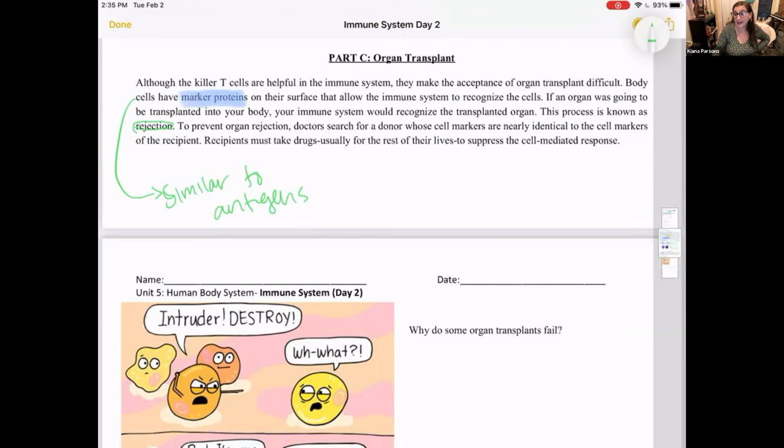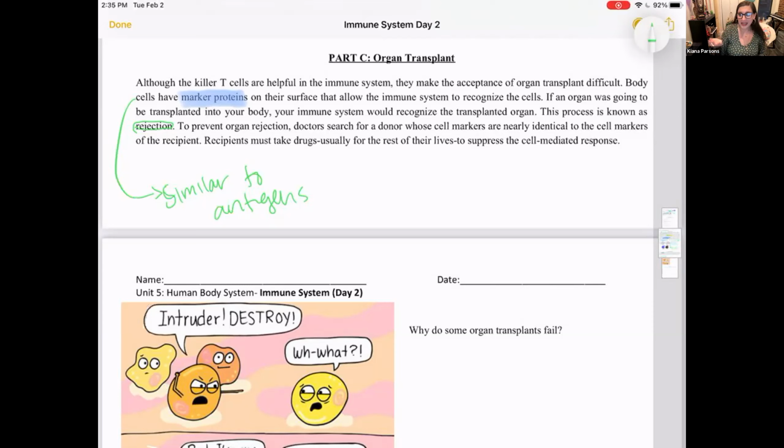And someone who is a match would have marker proteins that are similar to your own because they have a similar blood type or the same blood type, hopefully. They might be a member of your family. And there are different ways that they can test compatibility of the organ and the recipient, right? But if your body recognizes this transplanted organ and treats it like a pathogen, that is known as rejection.